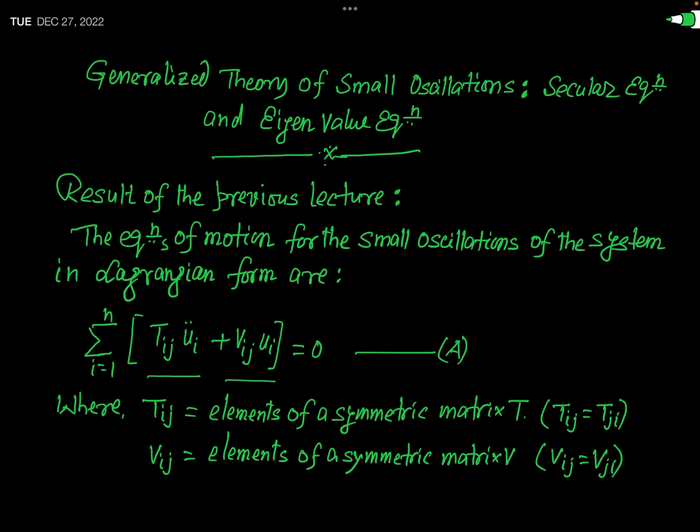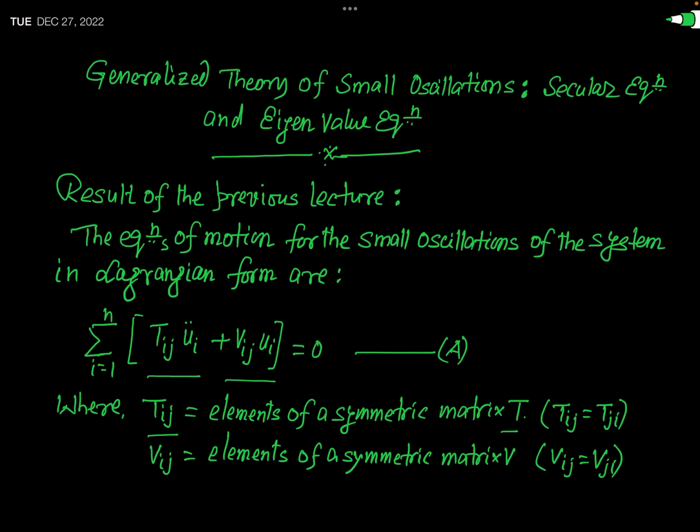In this equation, the Tij are the elements of the symmetric matrix T, which came from the constant coefficients Mij in the quadratic form of the kinetic energy expression.